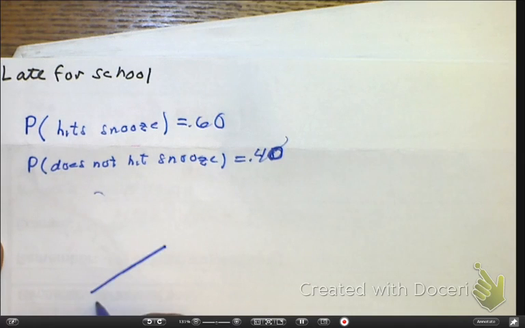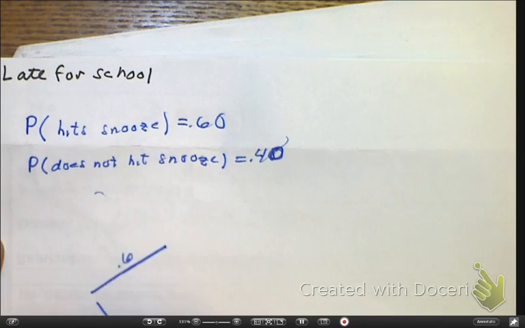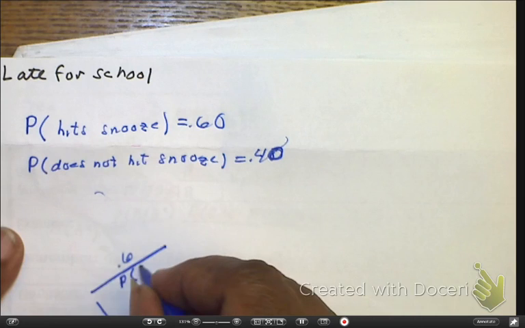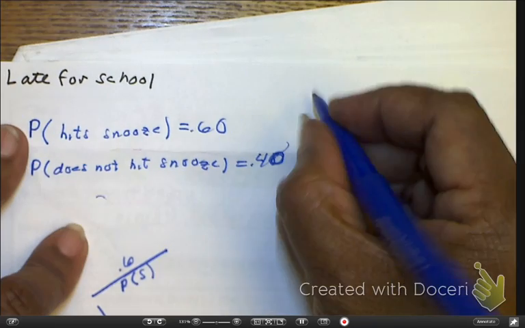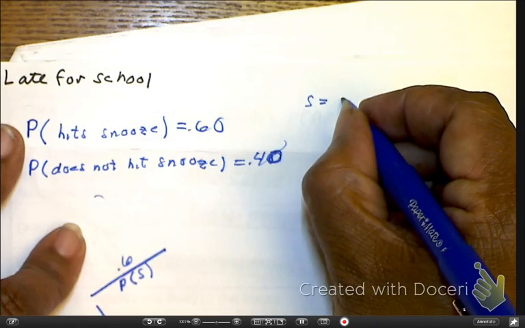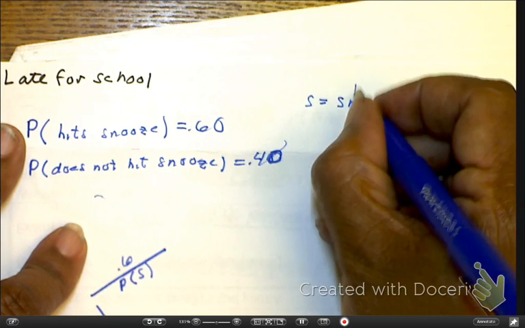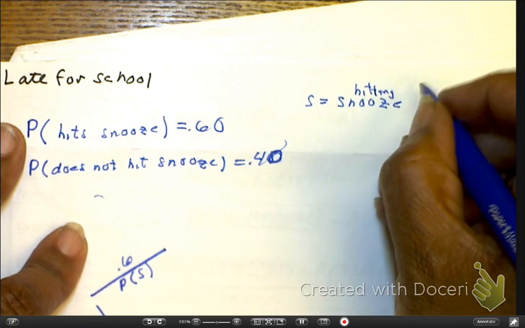So here, as I make my tree, this right here is 60, right here is 40, and here is the probability of S for snooze, and the probability for not hitting the snooze. So let's write up here that S equals snooze, hitting snooze button.